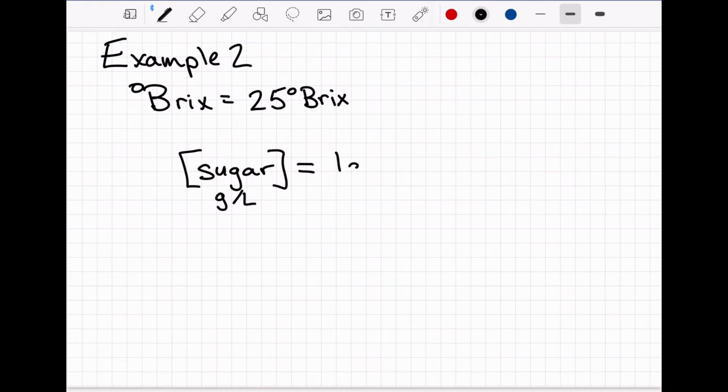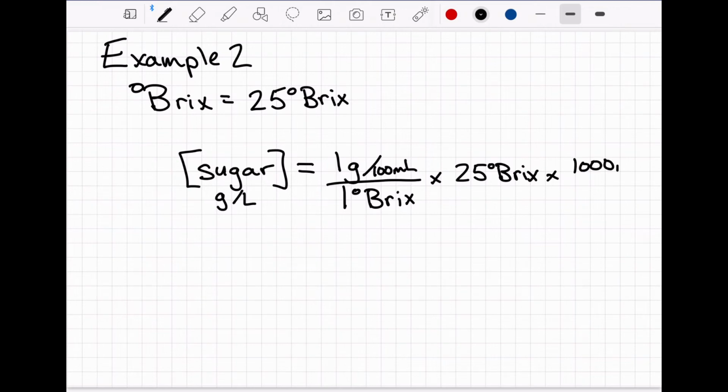So we know that 1 gram per 100 milliliters is the same as 1 degree Brix. We're going to multiply that by our 25 degrees Brix, and take care of our milliliters here. 1,000 milliliters is the same as 1 liter.